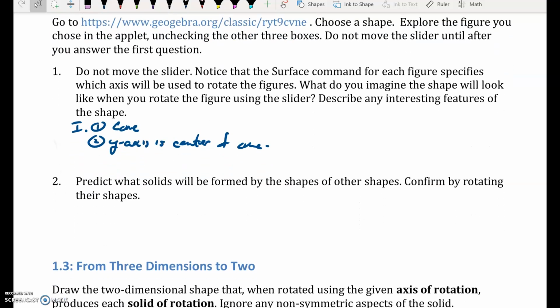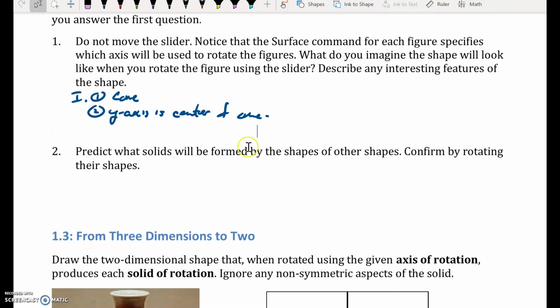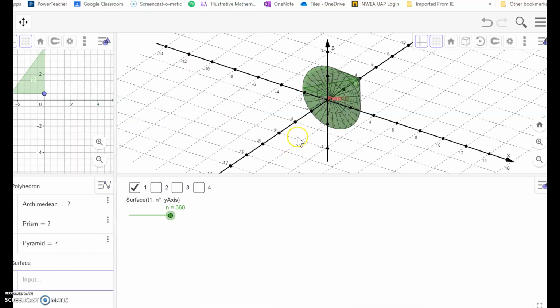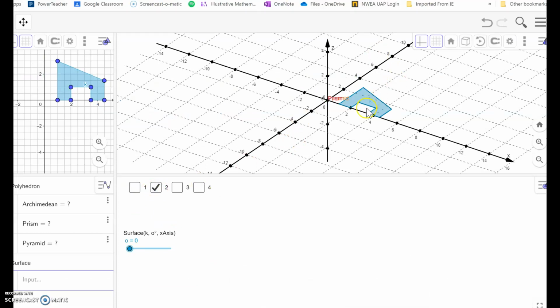Perfect. Down here, number 2, we're going to predict what solids will be formed by the other shapes. We're done with the first shape, so let's look at the second shape. It looks like a trapezoid, right? It's kind of a trapezoid with this little piece cut out. What's going to happen when that rotates around the x-axis? Notice it says around the x-axis, so that's this axis.